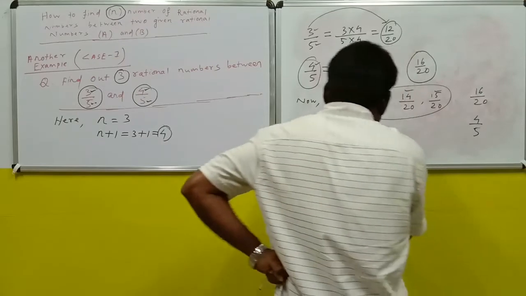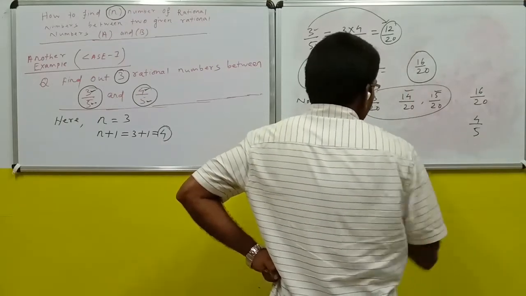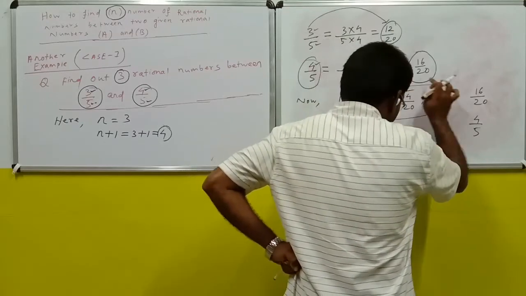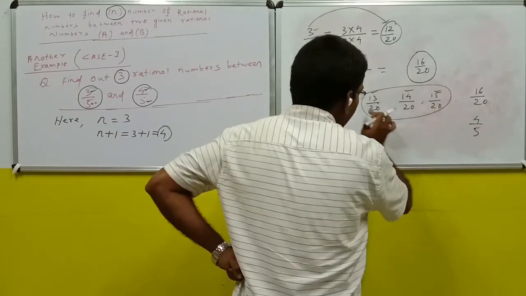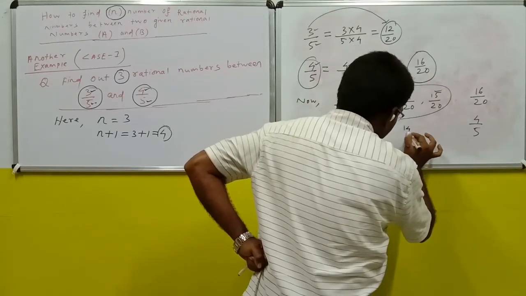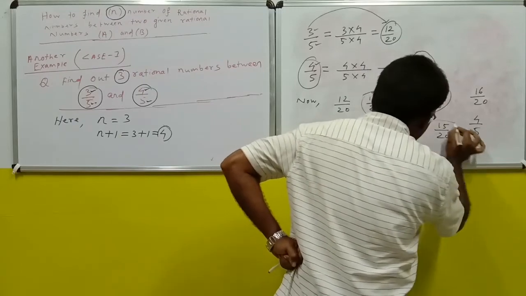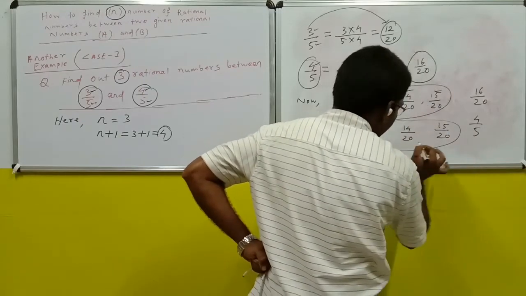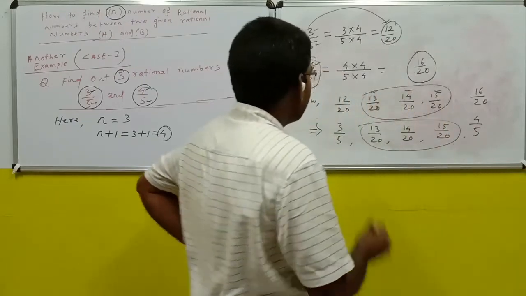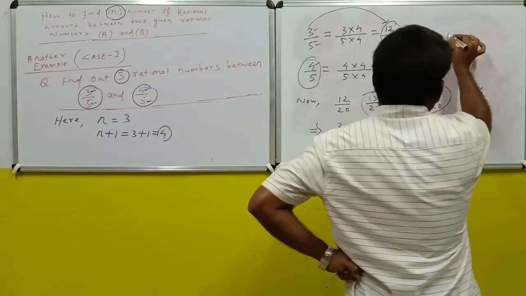And between these two rational numbers, the required three rational numbers are 13 by 20, 14 by 20, and 15 by 20. So this is your solution. Note it.